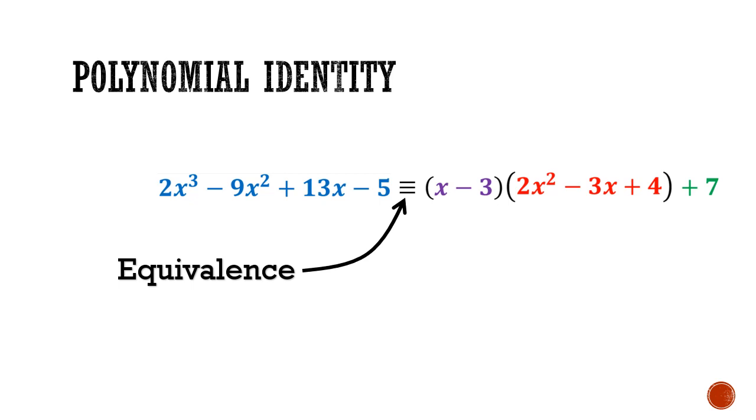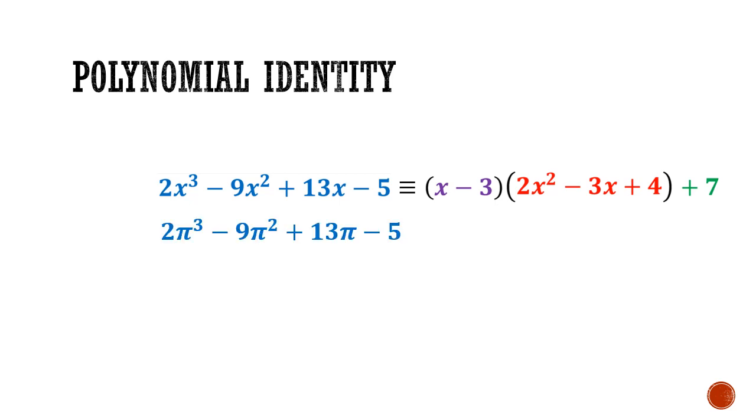What equivalence means is that these two expressions are true for all values of x. You cannot possibly solve for x. x can be any number you like. For example, we can substitute x to be pi, and if we compute this number, we'll get this long decimal, 9.026818, and so on.